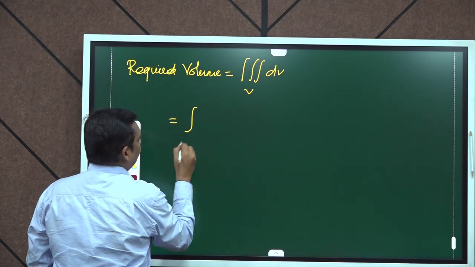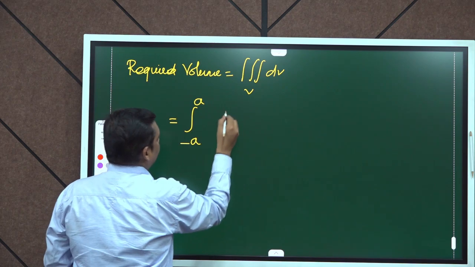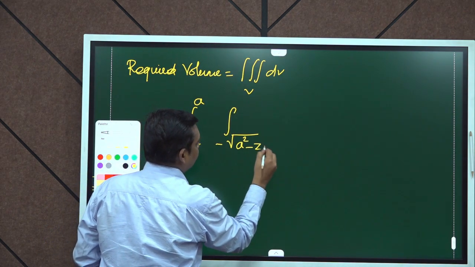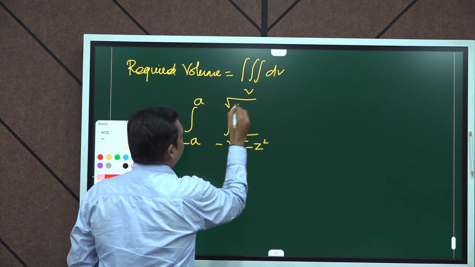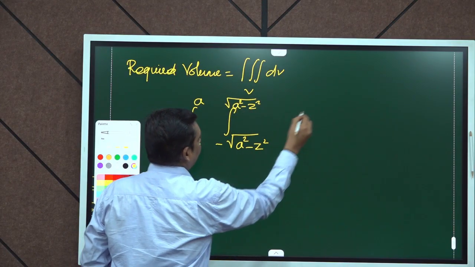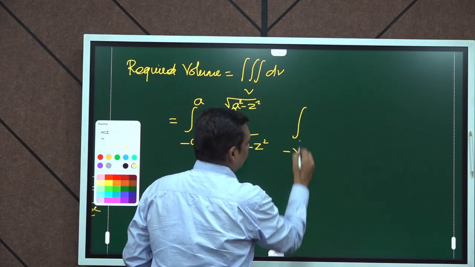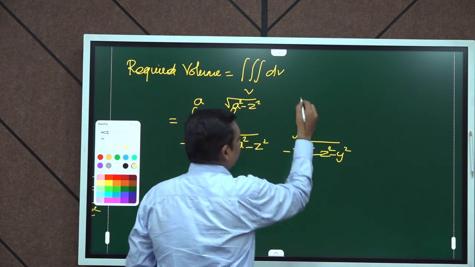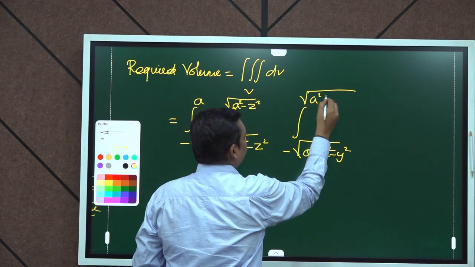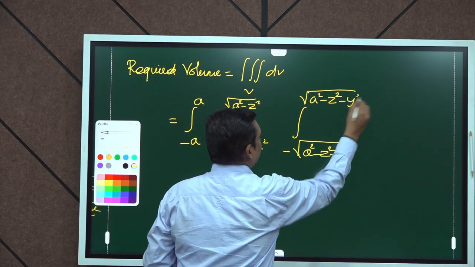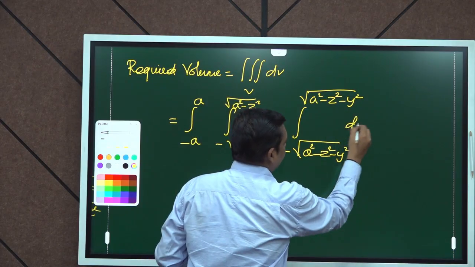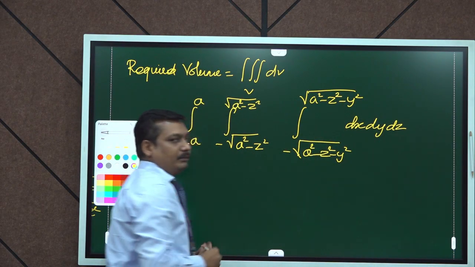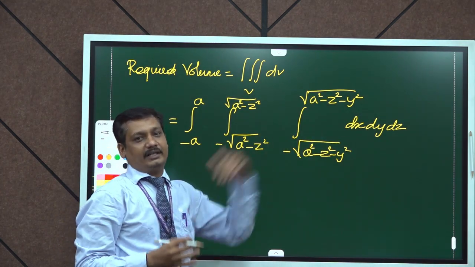Here the limit is minus a to a, then minus square root of a squared minus z squared to root of a squared minus z squared, and the third limit is minus root of a squared minus z squared minus y squared to root of a squared minus z squared minus y squared. Here the x limit, y limit, z limit depend on the dimensions dx, dy, dz.